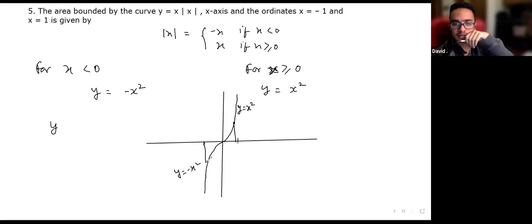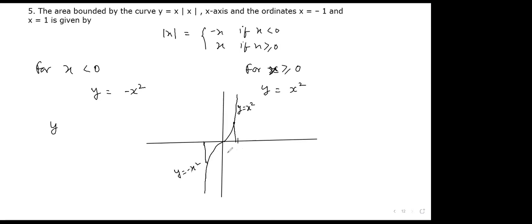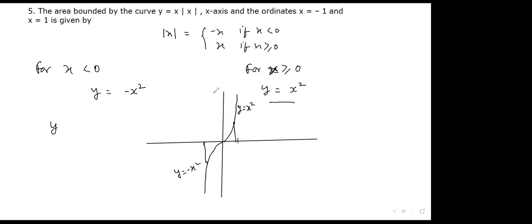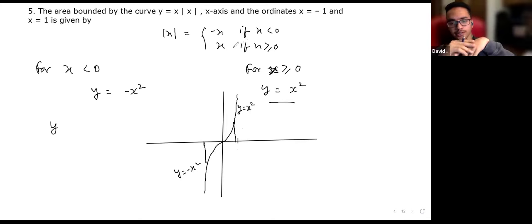Yes, symmetrical. That's why I told you, even if we do not do all these things, if you take only the positive part from 0 to 1 and double it, you will still get the answer. Got it, sir.